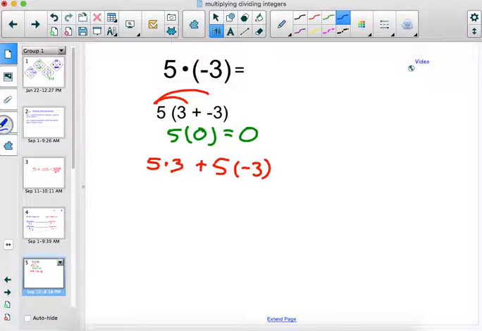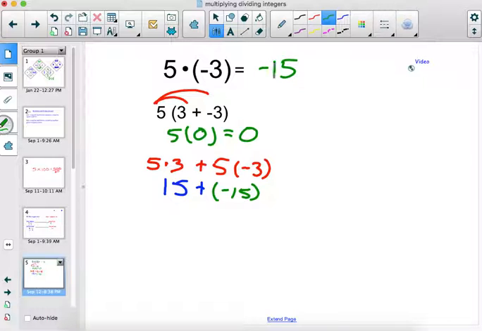When we do it this way, 5 times 3 is 15, plus, now, whatever this is has to give us 0, correct? Because we just said it's going to be 0. What can you add to 15 to equal 0? Emma? -15.